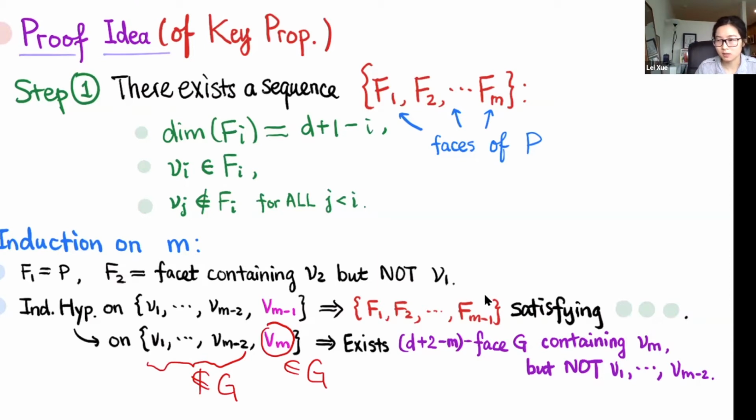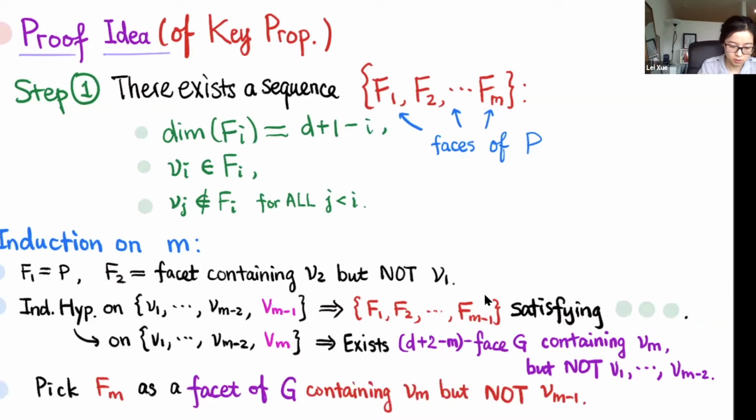That will give us freedom to pick a facet of G that contains Vm, but not Vm minus 1. And we'll call that facet Fm.